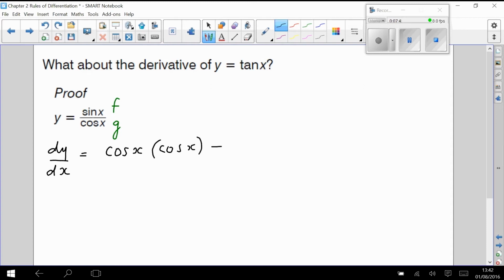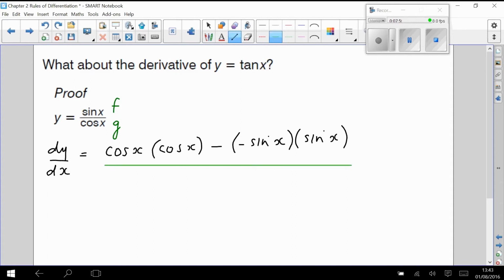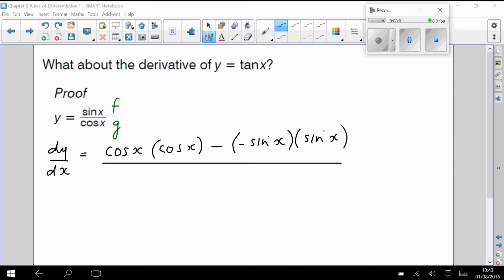Then minus the derivative of the bottom function, and we now know that that is minus sine of x, and you times that by your top function, which is sine of x. And that must all be written over the bottom function. Let's do that in black. The bottom function, which was cos of x, all squared.